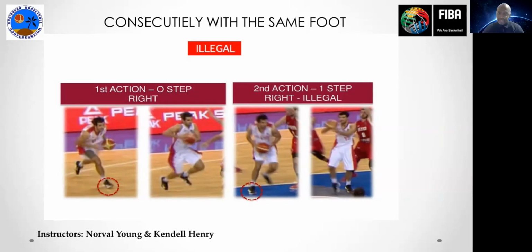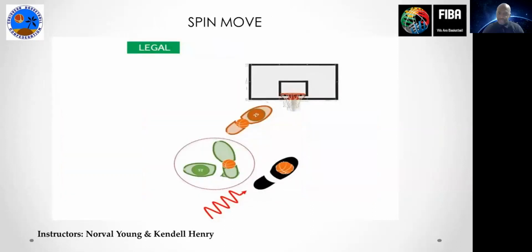Okay. Now the spin move is next. Now in this example here, this squiggle red line represents a player dribbling to a position on the floor. Now the black with the ball represents when the player gathers the ball.